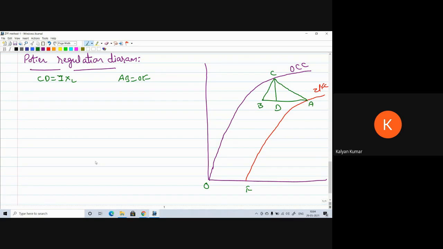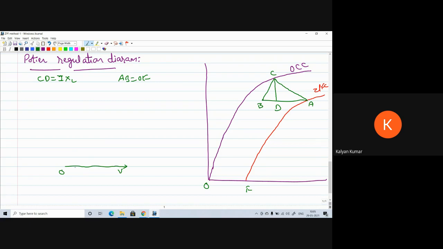Now take voltage as the reference vector. So I am taking OV as the voltage vector, the rated voltage, as the reference vector.